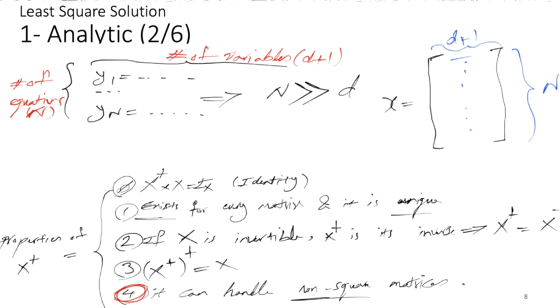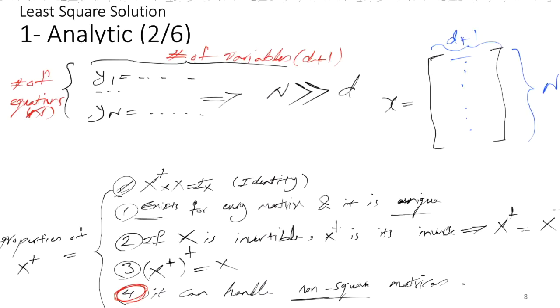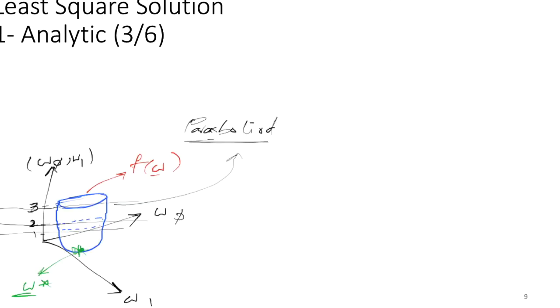All right, so now let's see. Everyone's done with that? There you go. If you draw that f of x for a case where you had two w's, w1 and w0, it would become a trivial space.